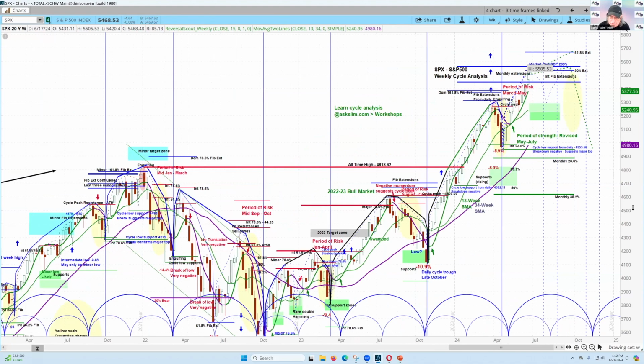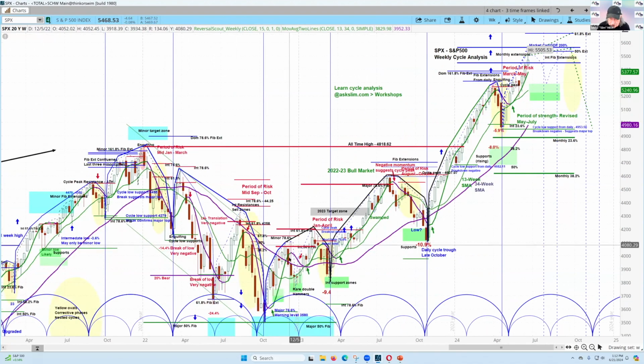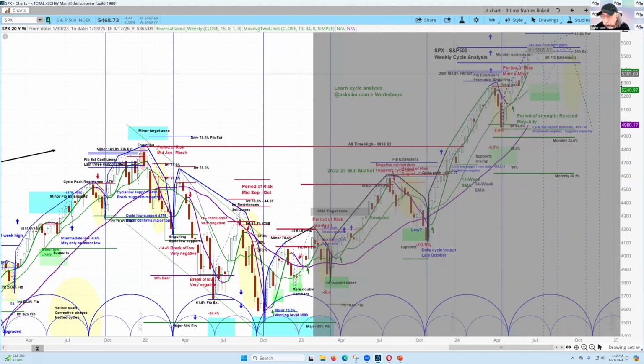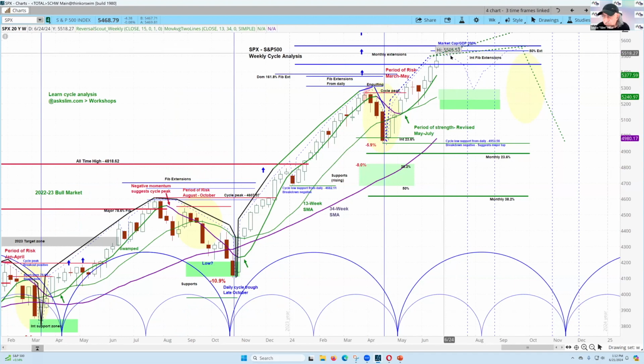If you look at this cycle here that started the rally, you could see the mid-cycle decline was very deep right in there. In a bearish cycle, of course, it's really deep, but here in bullish cycles, sometimes you get deeper ones. And when you get a couple in a row like this, the next one tends to be more volatile. So I'm looking for this period of a correction out over here.